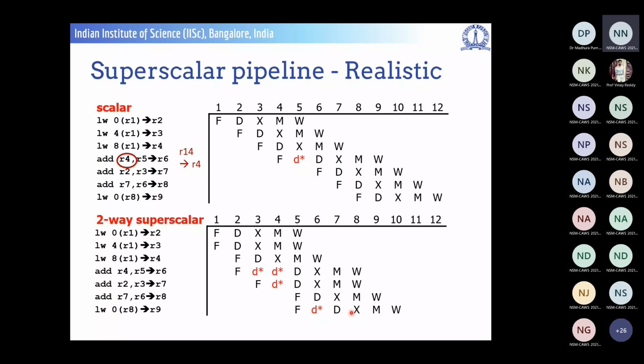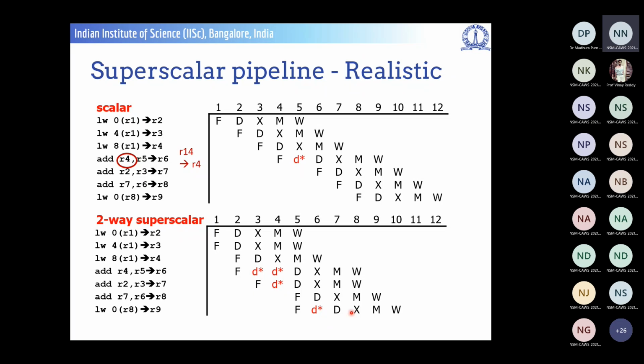It is stuck there. This D starts means that it is stuck in the decode, because you now see that you were depending on the previous instruction and can't move this instruction to the execute stage.